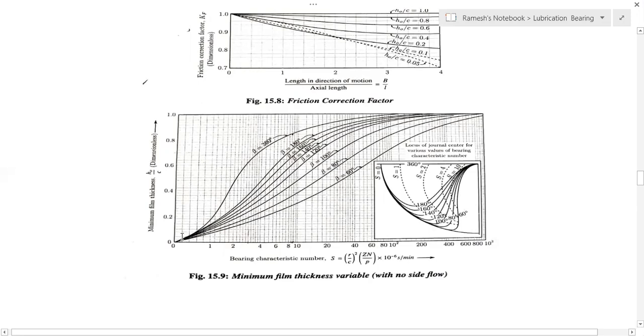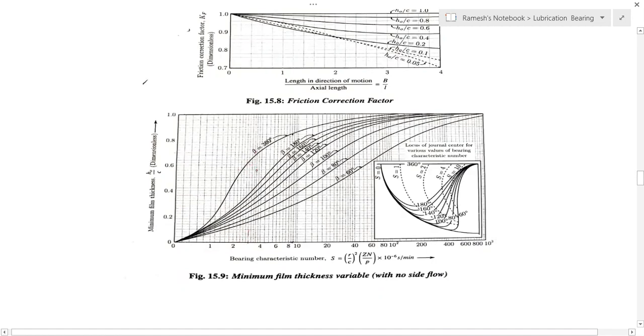In the given problem, it is a full journal bearing. That's why I have taken beta as 360. The Summerfield number is 2.9. From the graph, the Summerfield number is 2.9. Somewhere here you will get 2.9, and the curve is beta 360 degree.